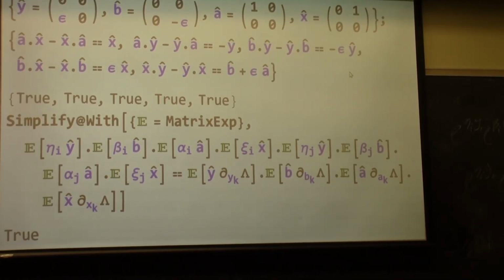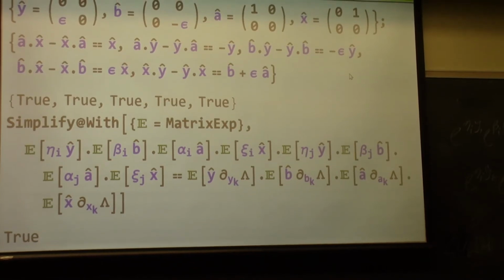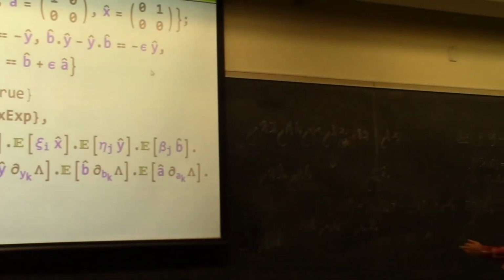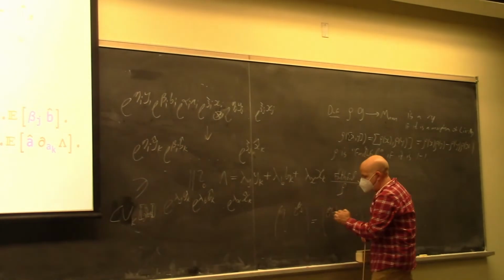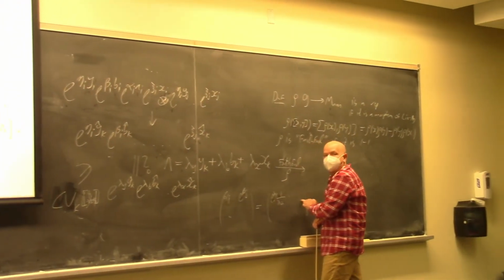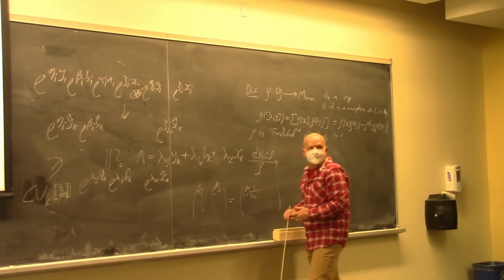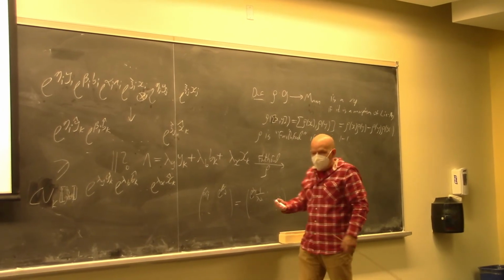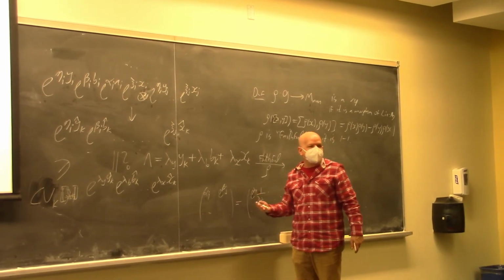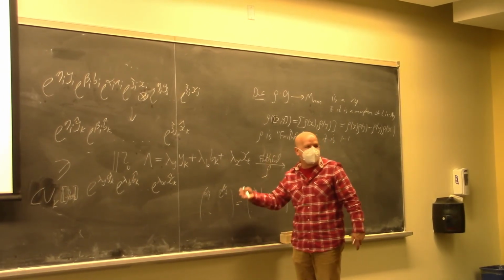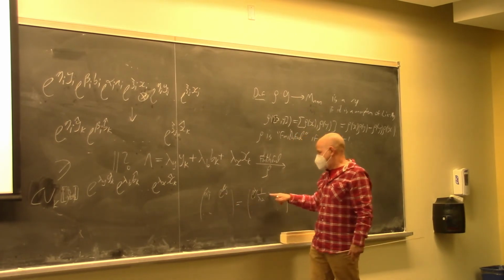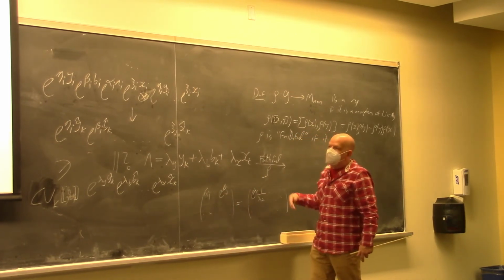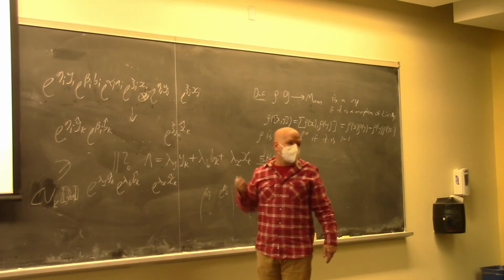And then you get 4 unknowns, lambda 1 up to lambda 4, and 4 equations. This entry is equal to that entry, and so on. And Mathematica has a built-in equation solver, so you type solve 4 equations for the 4 unknowns, and you get the formulas that I wrote.